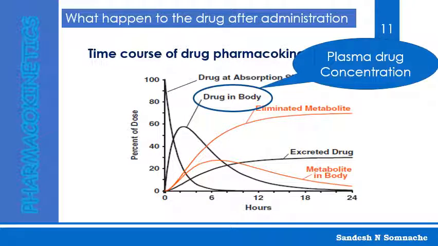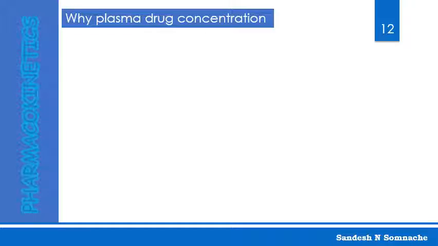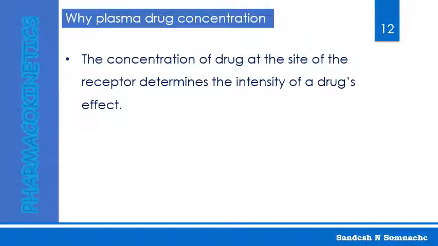From the clinical point of view, the plasma drug concentration is very important. In amount of drug, the term plasma drug concentration is always used. Why plasma drug concentration? One important thing: the concentration of drug at the site of receptor determines the intensity of the drug's effect.